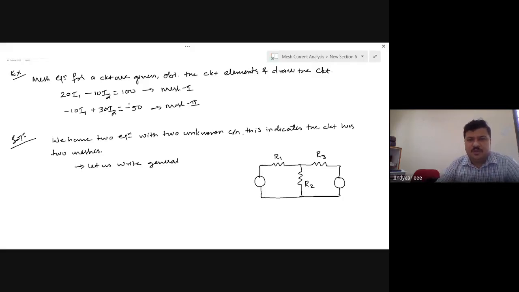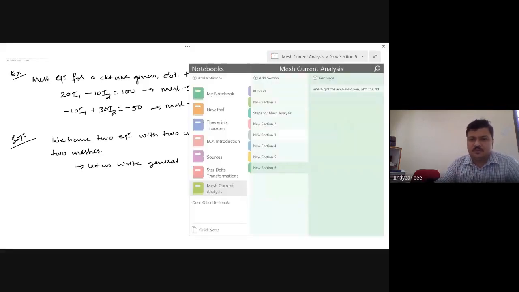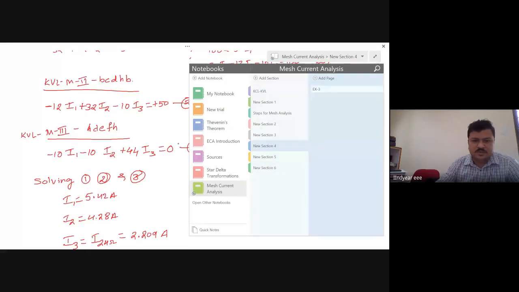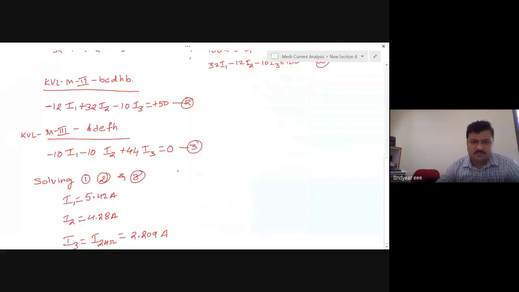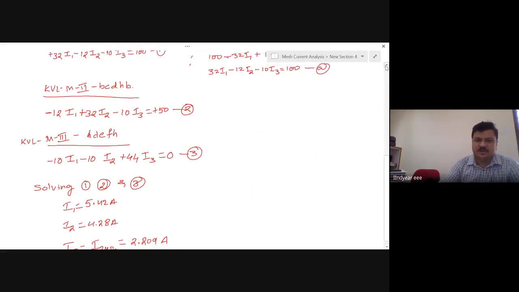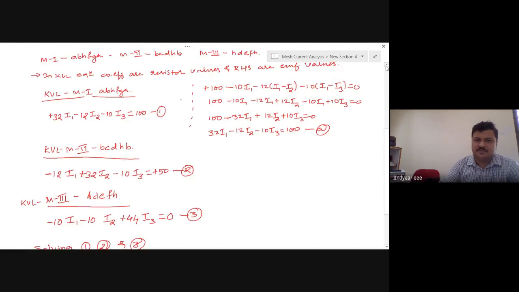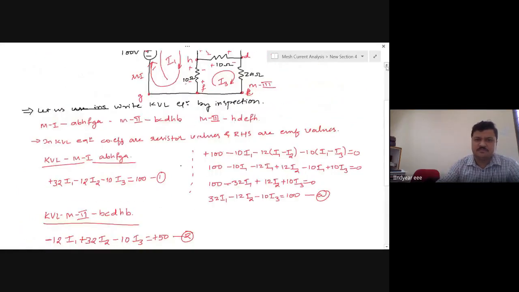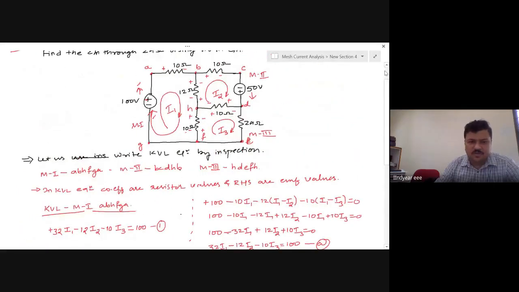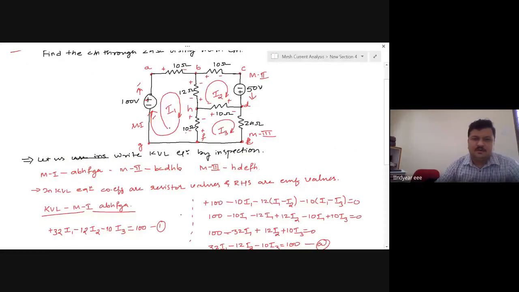Now when we looked into an example in the previous class, we wrote the equations using inspection method directly. How did we write the equation using inspection method? If I am in mesh 1, the coefficient of I1 will be the sum of all the resistors.